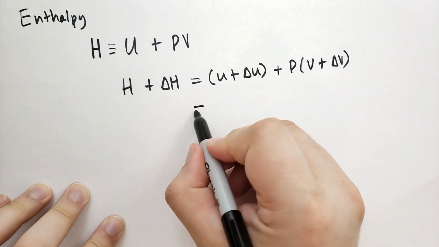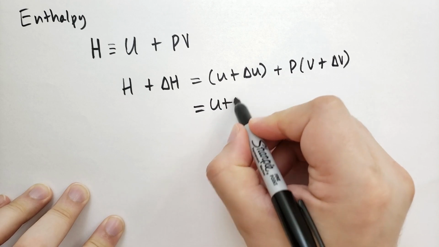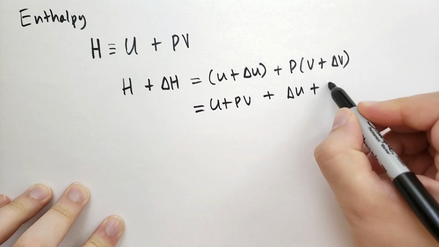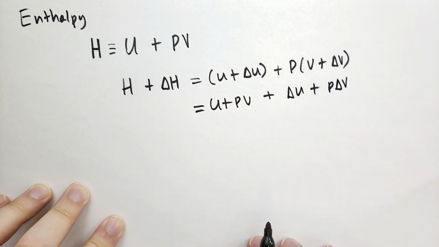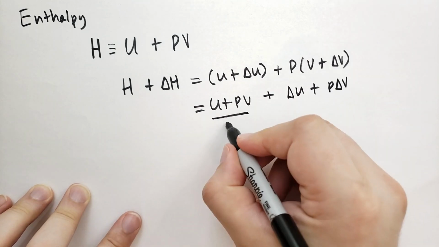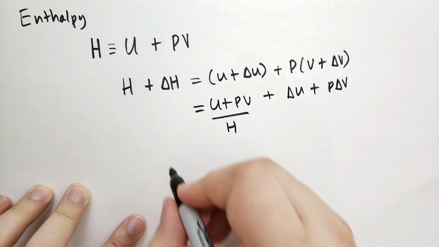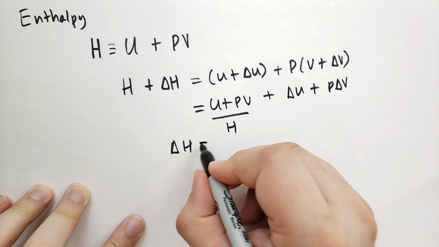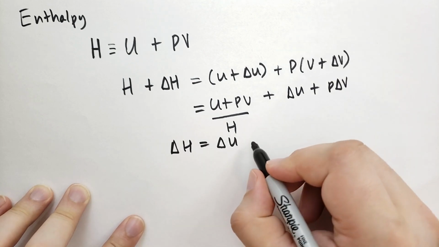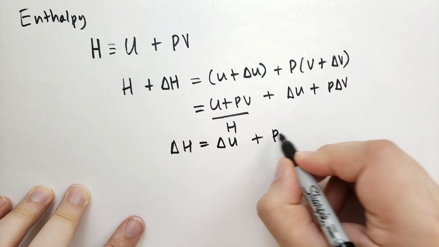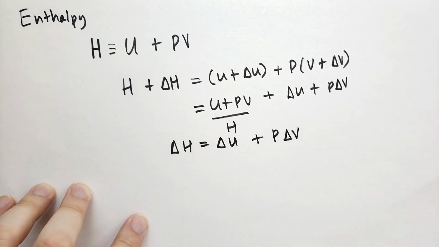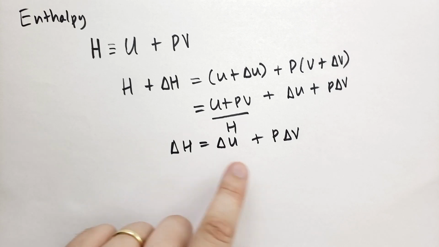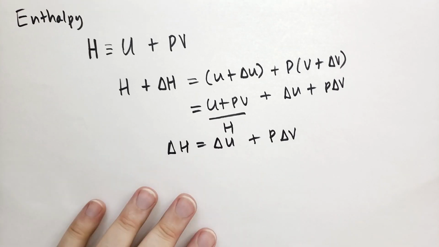So we can rearrange our terms, so we get U plus PV plus delta U plus P delta V, okay? And this term is obviously just H, right? So when we add a little bit of heat or enthalpy to the system, we're going to see an increase in the internal energy of the system plus a change in volume at constant pressure, okay? So these two things will cause the enthalpy to increase.